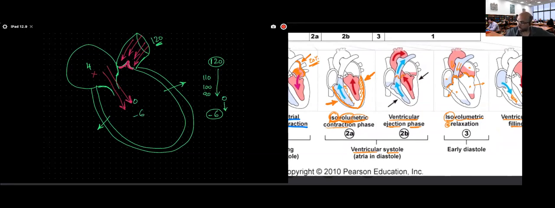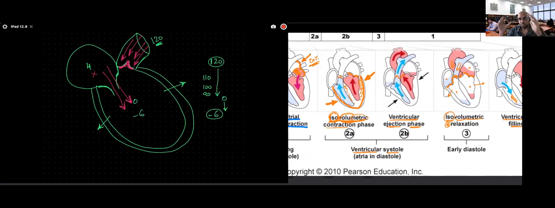I will reach a pressure high enough to close AV valves, but it's not high enough yet to open semilunar valves. So I'm still faced with a constant volume. So we call this phase an isovolumetric contraction phase.